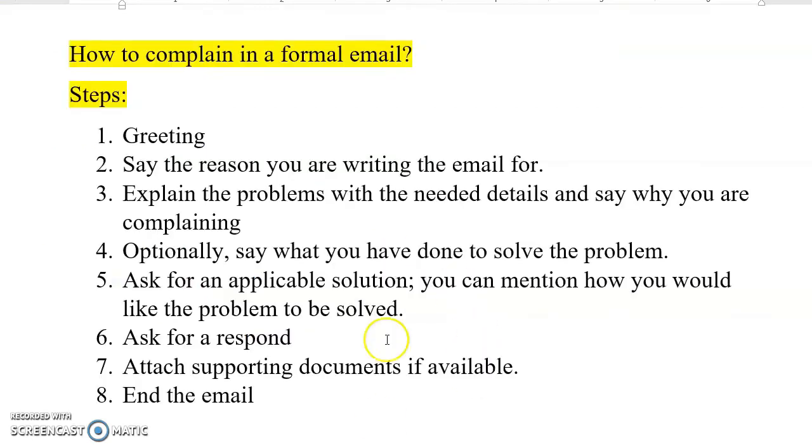And I have to leave a space and start writing the email. Okay, now what is to be included in this email or in such emails? At the beginning, I have to say the reason why I am writing this email. This is so important since I am a customer and this is the first time I'm writing to them.